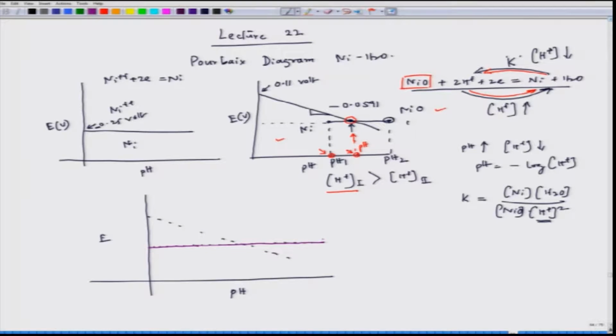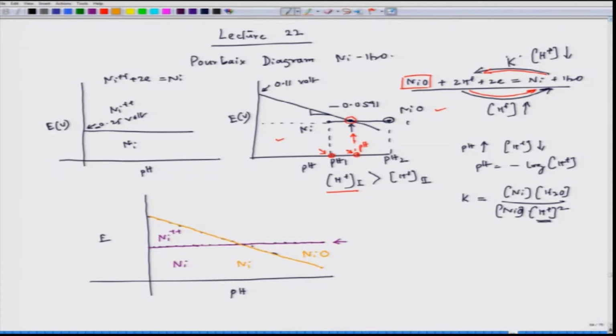This is for type 1 reaction, this is for type 2 reaction. For type 1 we know this is the nickel side, this is the nickel plus side, and for type 2 this is the nickel side, this is the nickel oxide side.